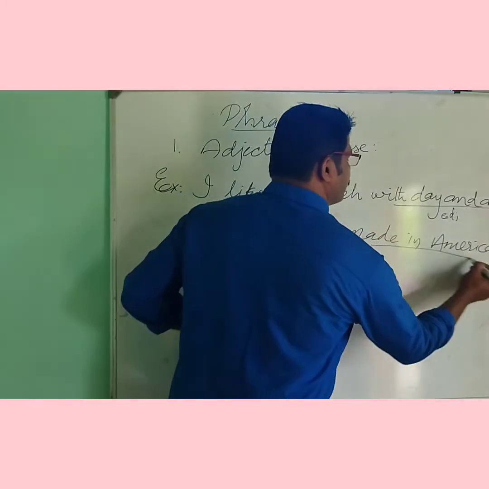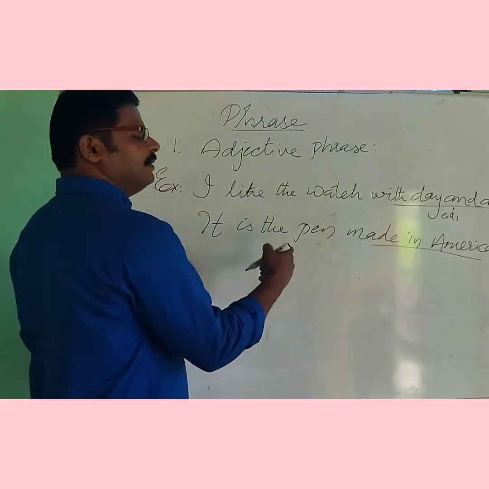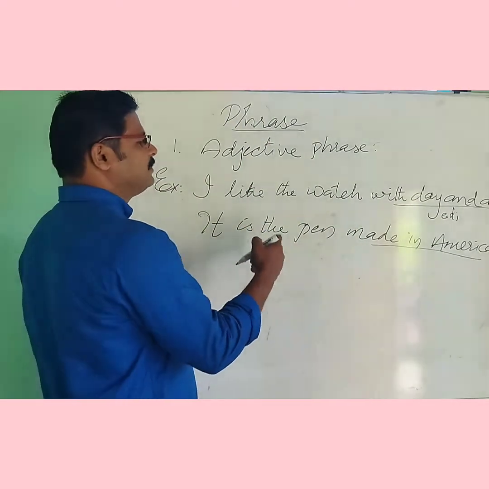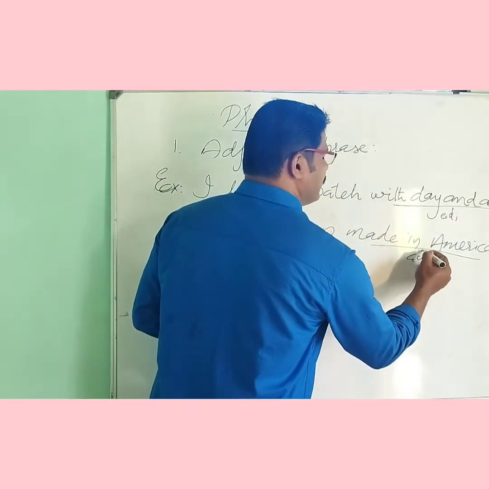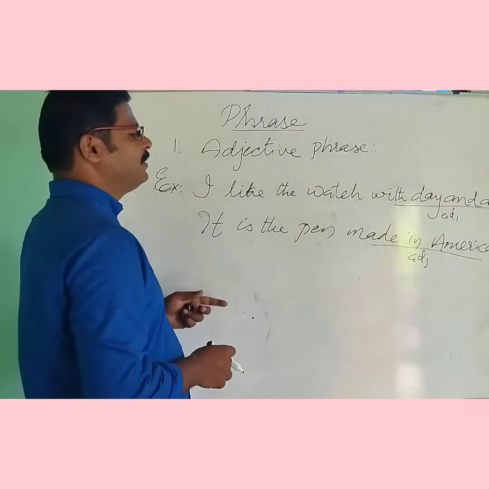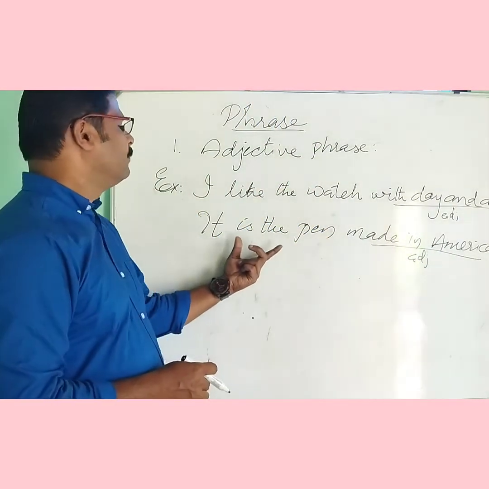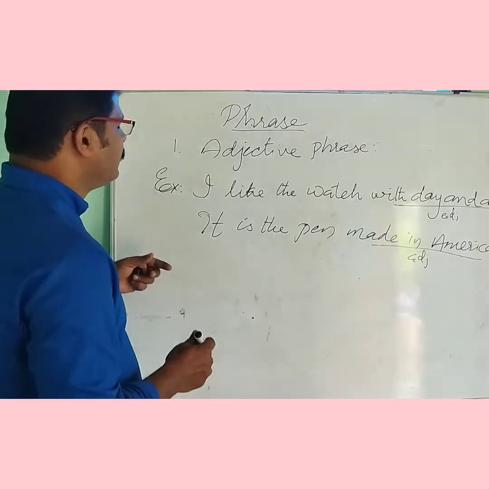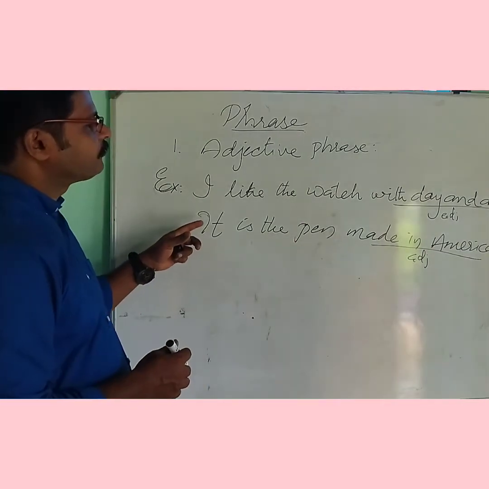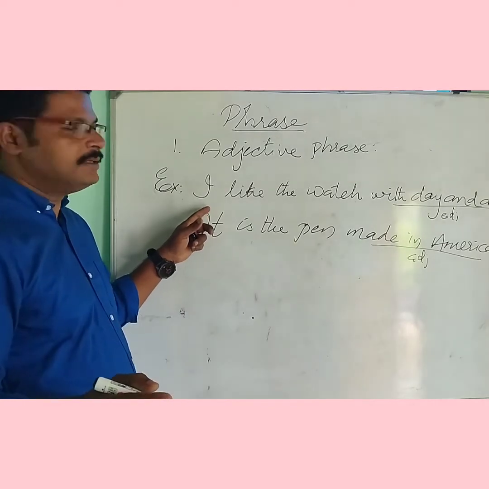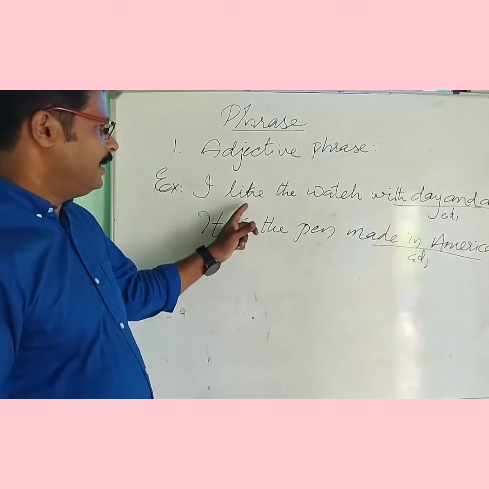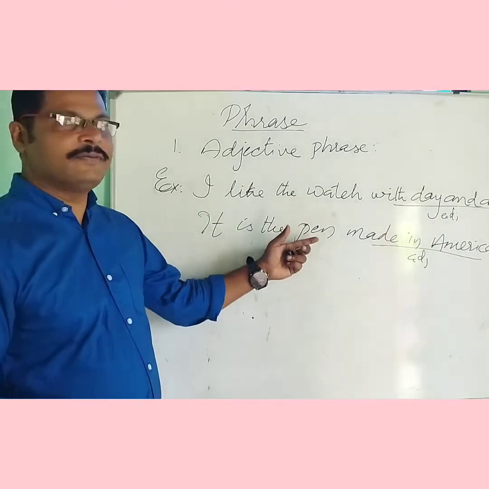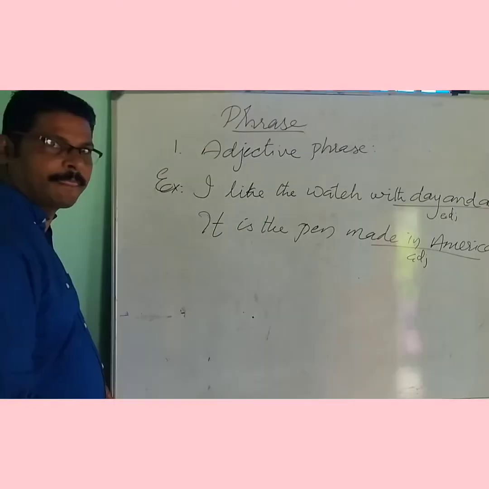Made in America tells which pen you want. So this is an adjective qualifying the pen. Which pen? The pen that is made in America. Okay. So this is an example for adjective clause. It does the work of an adjective.